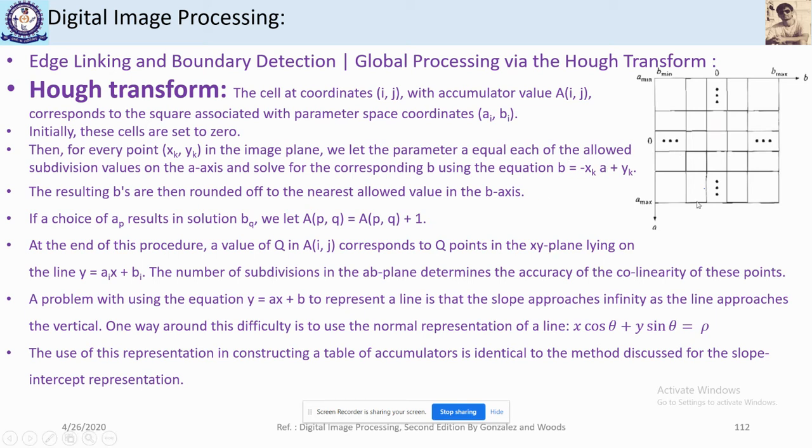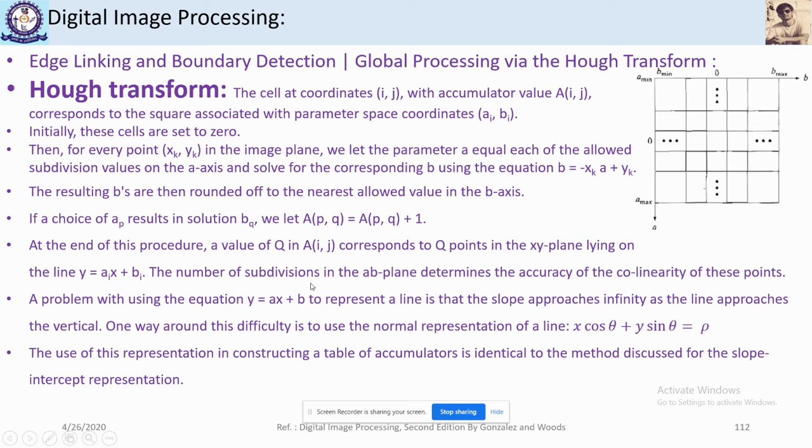That first we calculate the value of b, and with this formula we update the values of each cell, and after that we check each cell. If this is the cell and the value of this cell is q, that means the line in the xy plane represented by this point will have q number of points on that particular line.